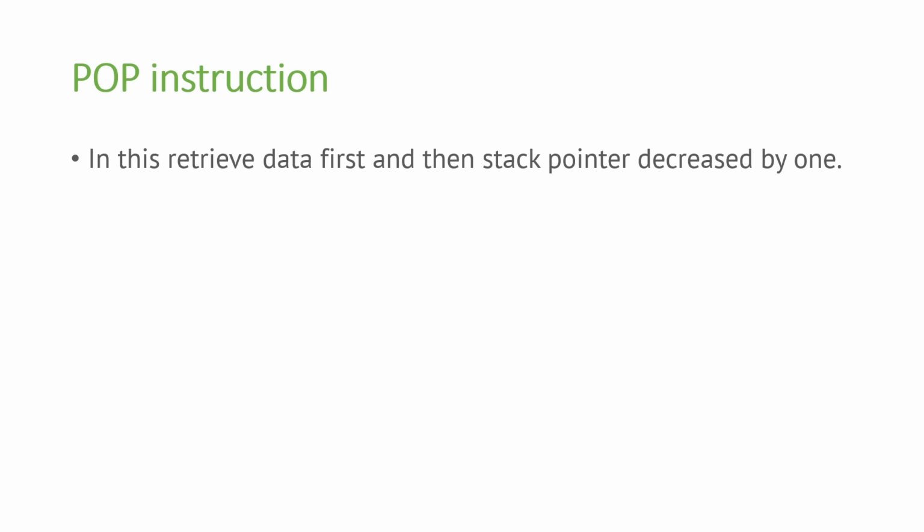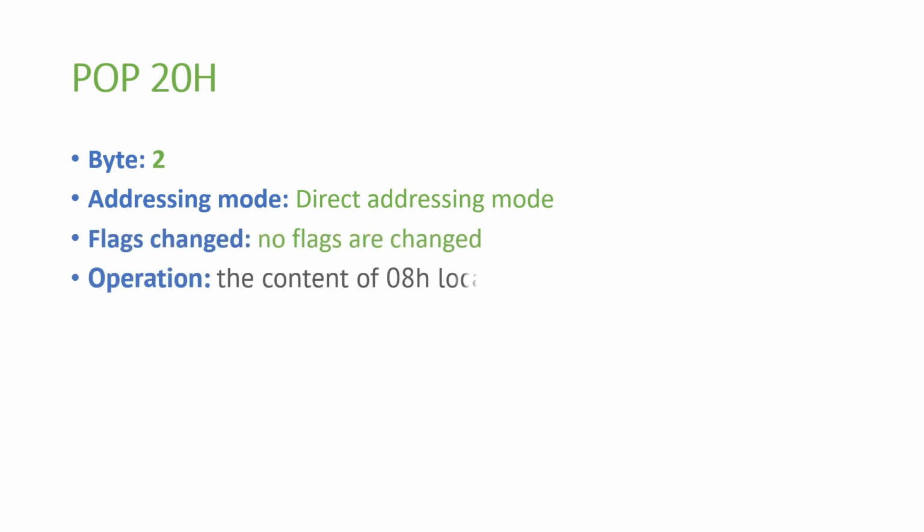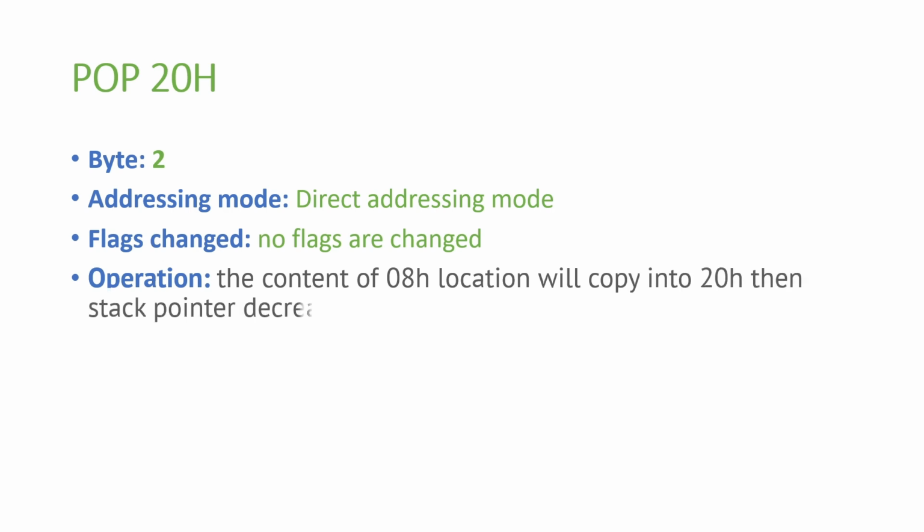Now the pop instruction. In this, retrieve the data first and then the stack pointer decreases by 1. See the example, pop 20H. This is a 2-byte instruction. Addressing mode is direct addressing mode. No flags are changed due to these instructions. Now the operation. The content of 0AH location, that means the stack top, will be copied into 20H, then the stack pointer decreases by 1. See how?